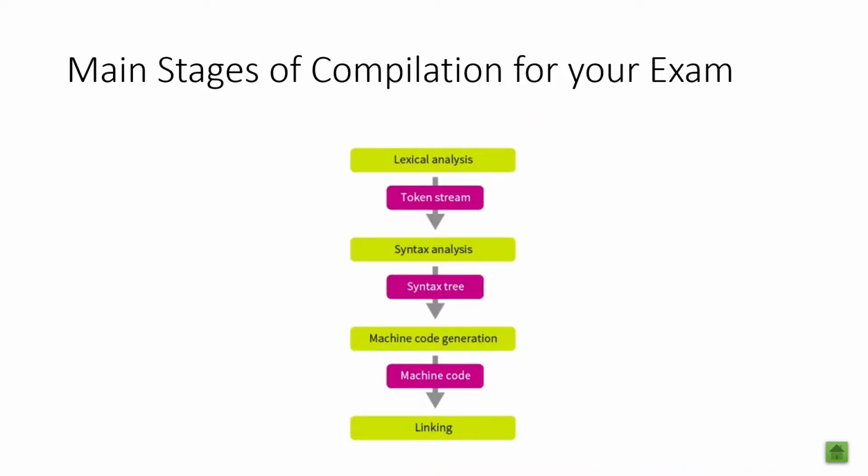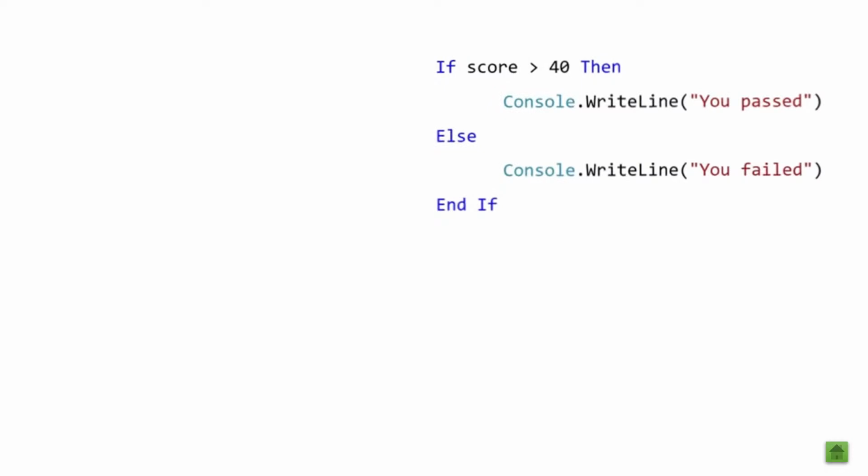Now, finally, in our last 4 minutes, we've got the stages of the compilation process. Lexical analysis, token streams, syntax analysis, syntax tree, semantic analysis in there as well, machine code generation, and the machine code, then the linking process. Here is some code. We start with the lexical analysis stage.